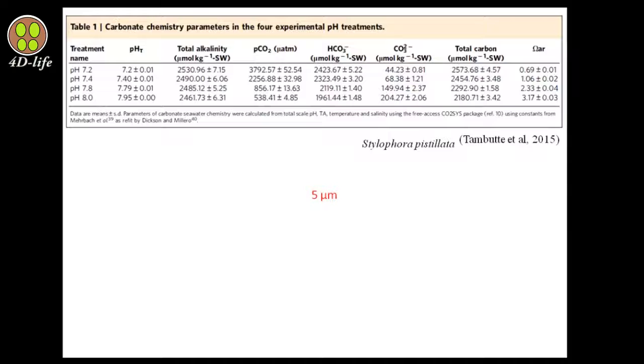This research was published in 2015 in the Nature group, and it studied the morphological change of coral skeleton under alkalinity change. They used 4 different conditions of pH, carbonate, bicarbonate, pCO2 and saturation state.